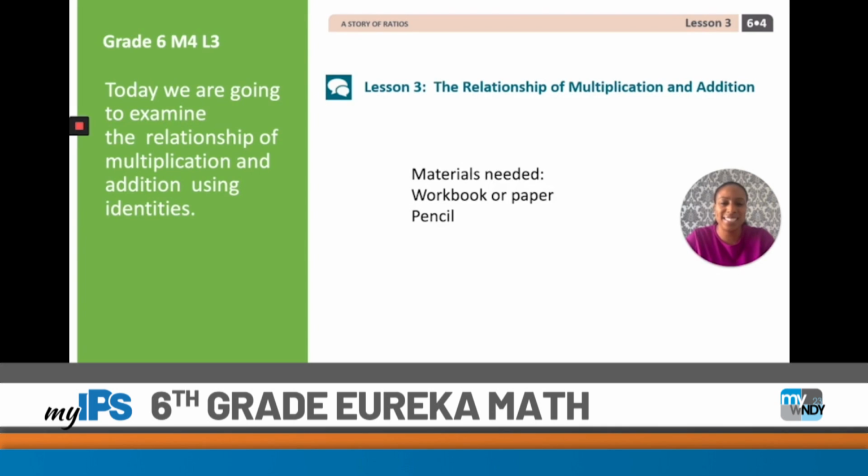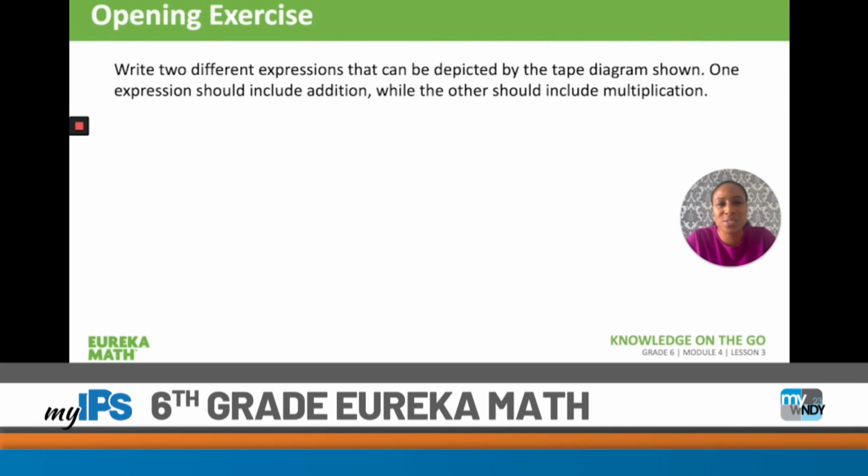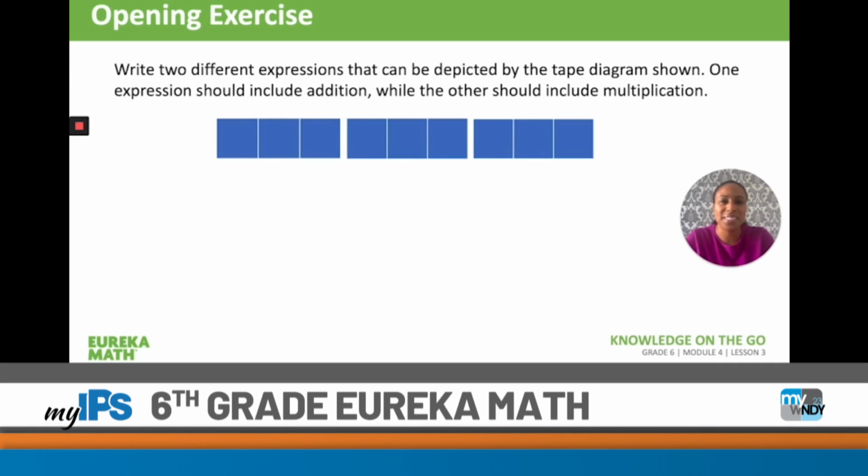Okay, let's begin. For our opening exercise, we are going to write an addition expression and a multiplication expression for each. In this diagram, how many units are in each tape? 3. Take a few seconds to think about how we write that as an addition expression. Three plus 3 plus 3.